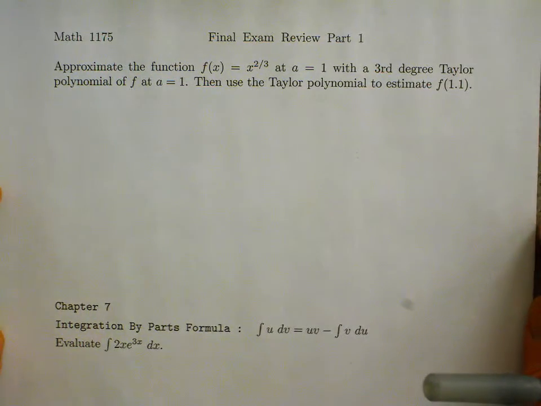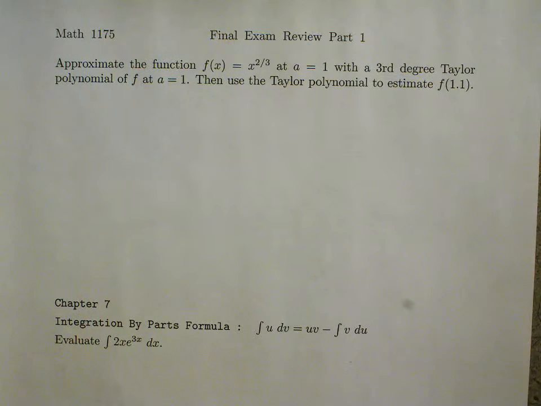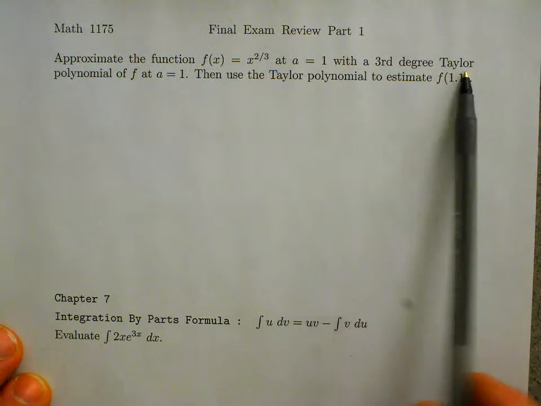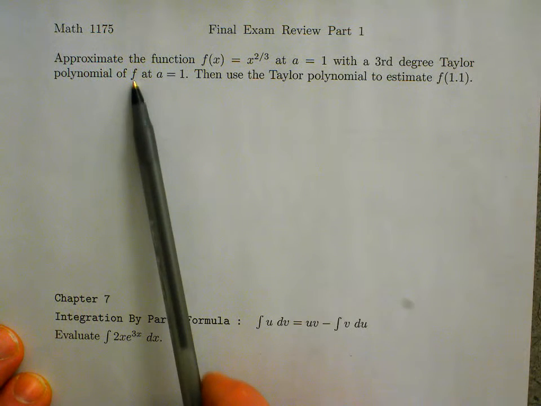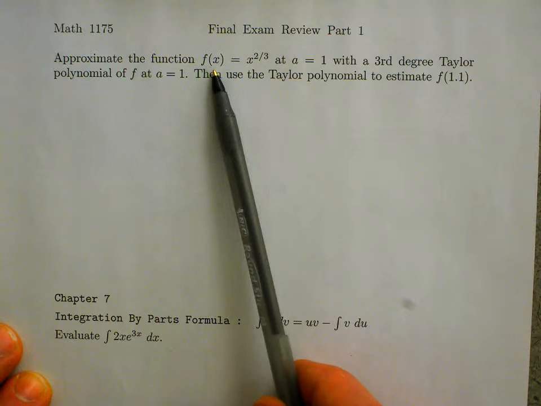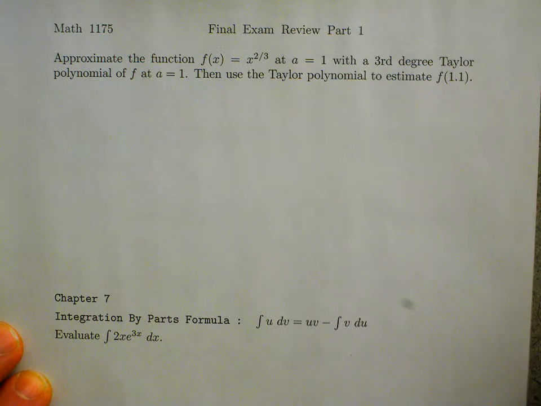This is a variation of the problem that we didn't get to on Wednesday. We'll find the third degree Taylor polynomial of the function f at a equals 1, and the function is f of x equals x to the 2/3.